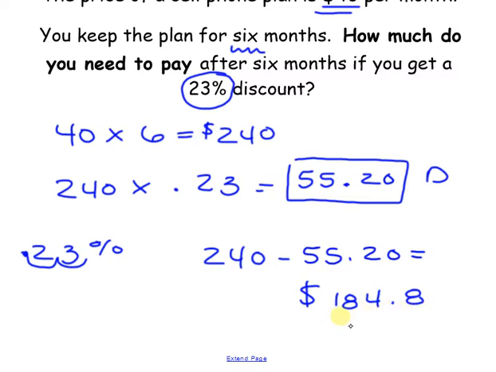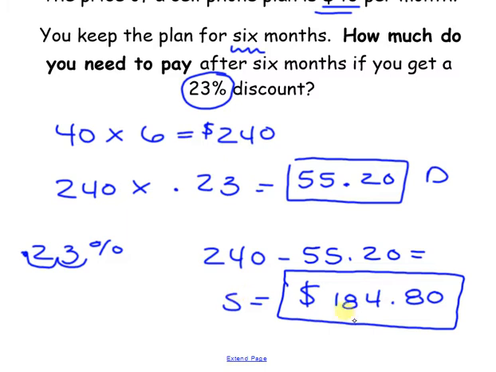Now your calculator is going to probably show something like this, but we always need to have 2 places after the decimal because we're talking about money. So you do need to add that 0 there as a placeholder. So this is our sales price will equal $184.80. That's a pretty good discount because the original price was $240.